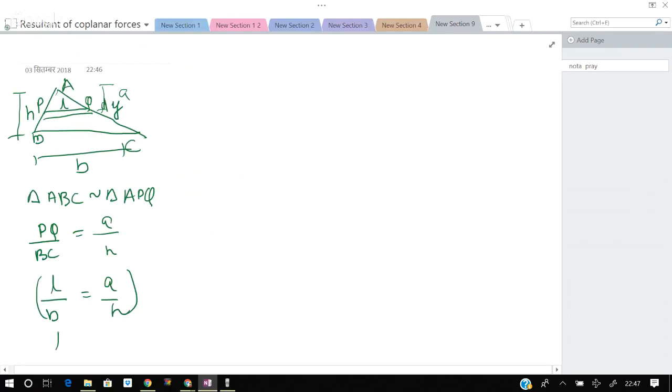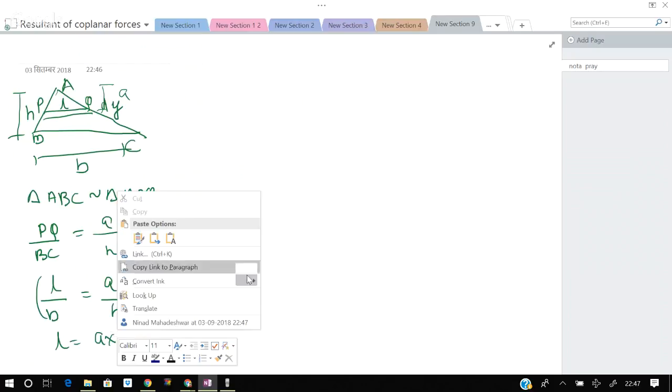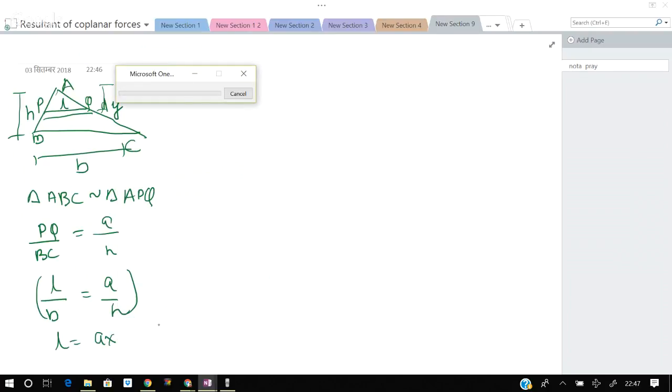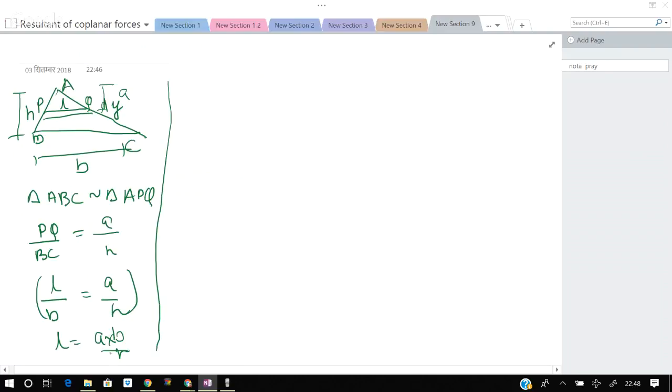So L will be equal to A into B upon H. So that is what we have come to.